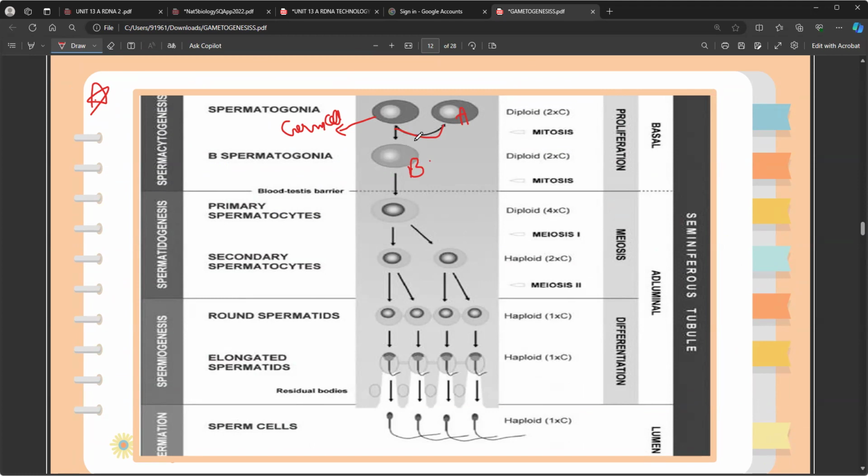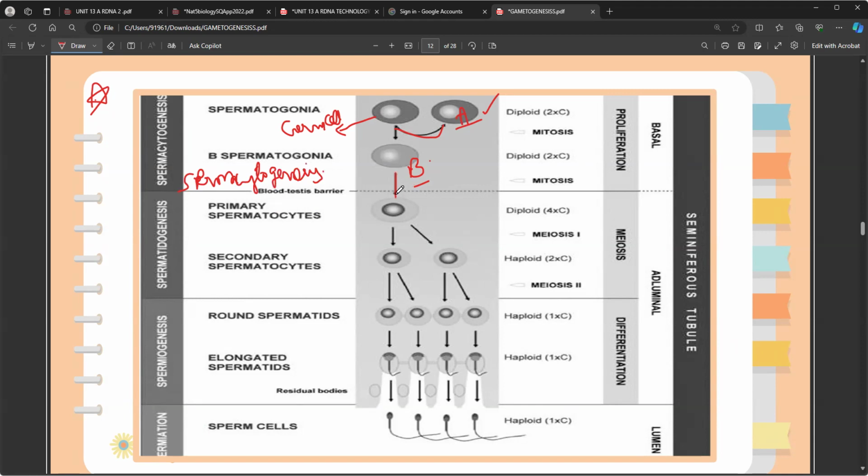Type A spermatogonia will remain as it is, whereas type B spermatogonia can be differentiated further. Understand, everyone. So every student remember, the formation of type A spermatogonia and type B spermatogonia, this process we call spermatogenesis. You have to understand that point compulsorily for the exam.